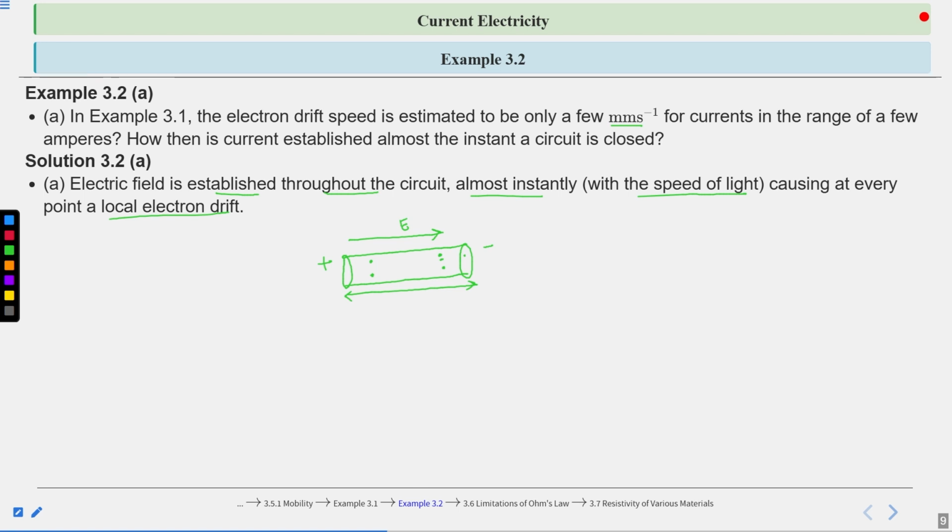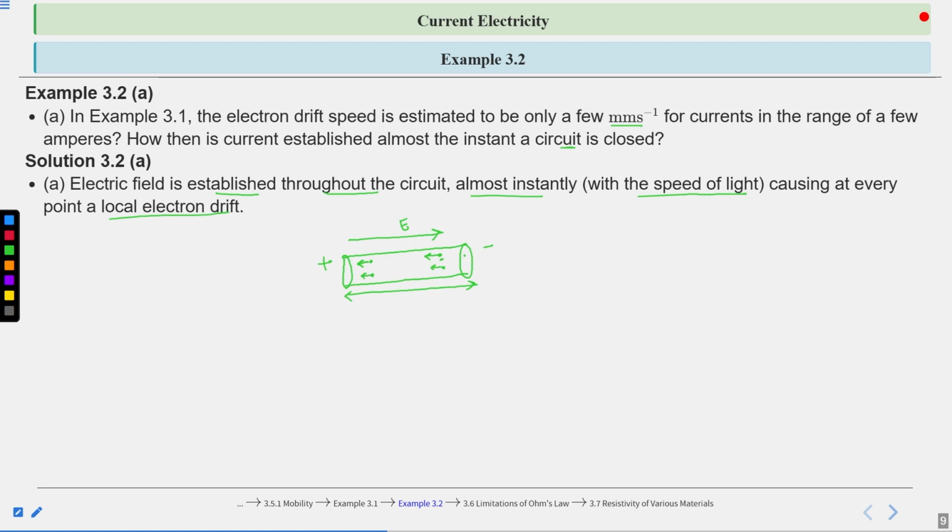So how is current being established so fast? If we connect an ammeter in the circuit, the current will start showing a reading as soon as we connect and close the circuit. The concept behind this is that electrons are present everywhere. When we close the circuit, the electrons at this end also feel the force, and the electrons at that end also feel the force in the same direction.